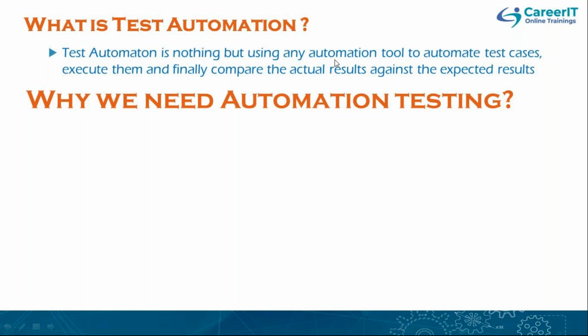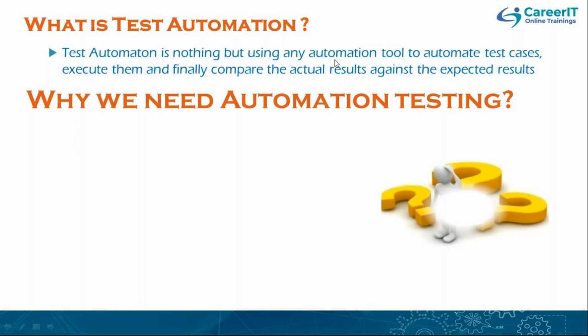Then the automation team will take care of automating the application, run the automation scripts, and make sure the application is stable, and they can run them a number of times. There are a lot of benefits when we have automation testing in place. So though we have manual testing in place, why do I need to go for automation testing? That's what we are going to discuss.